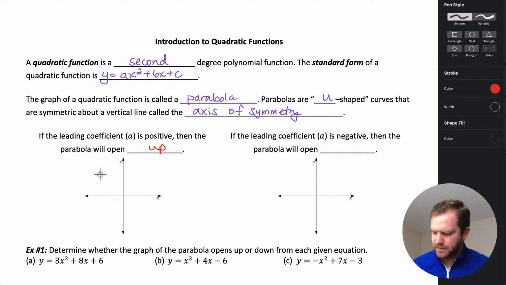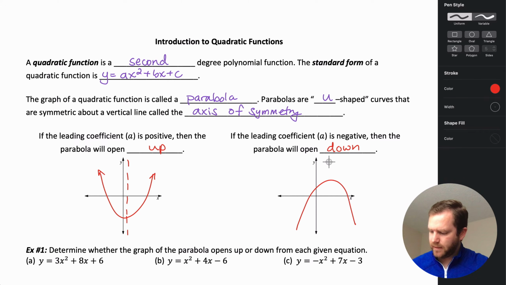It'll be a U shape like this, and then you'll have your axis of symmetry that goes through the middle, which our graph is symmetric about. If the leading coefficient is negative, then our graph opens down. It might look something like this, and then you'll have your axis of symmetry here.